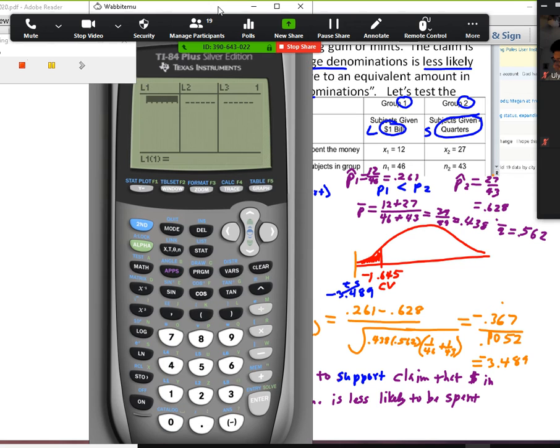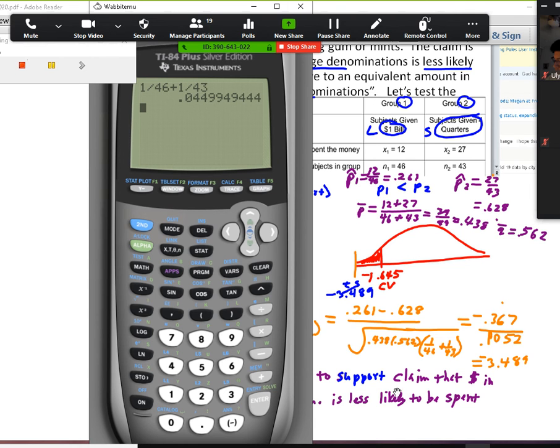Okay, so again, it's easier to work your way inside out. So start with the most inward stuff, so inside the square root and then inside the parentheses. 1 divided by 46 plus 1 divided by 43. Okay, so find that parentheses first.